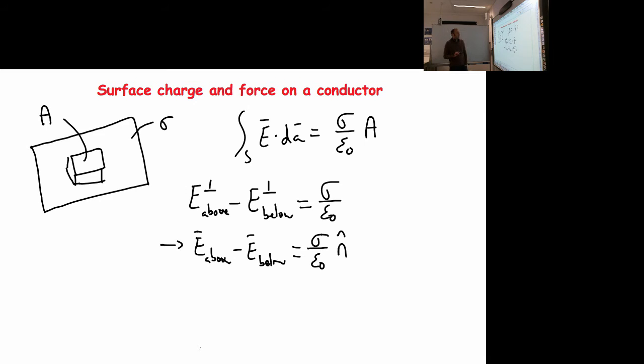Now although the electric field is discontinuous across the surface, the potential is continuous, since we can write the potential above minus the potential below as the line integral from A to B of our electric field.